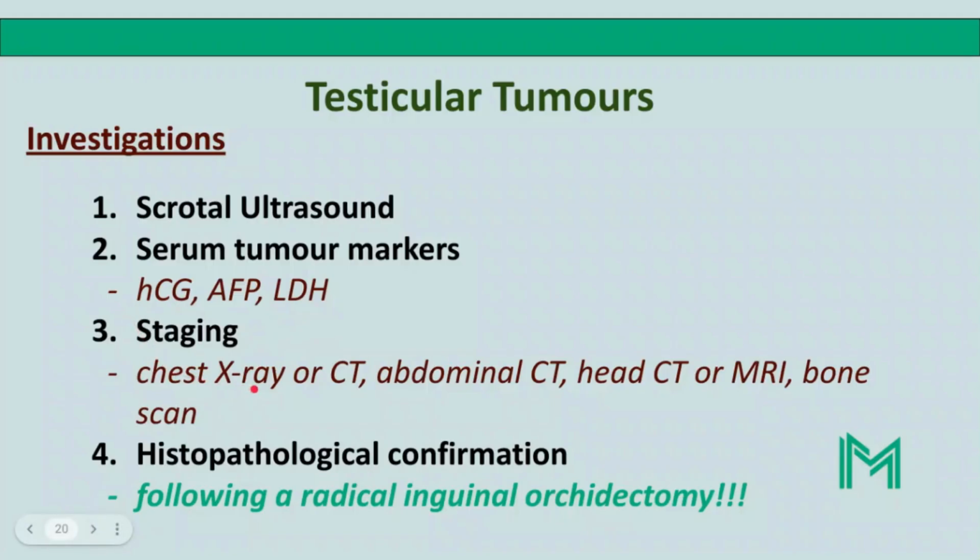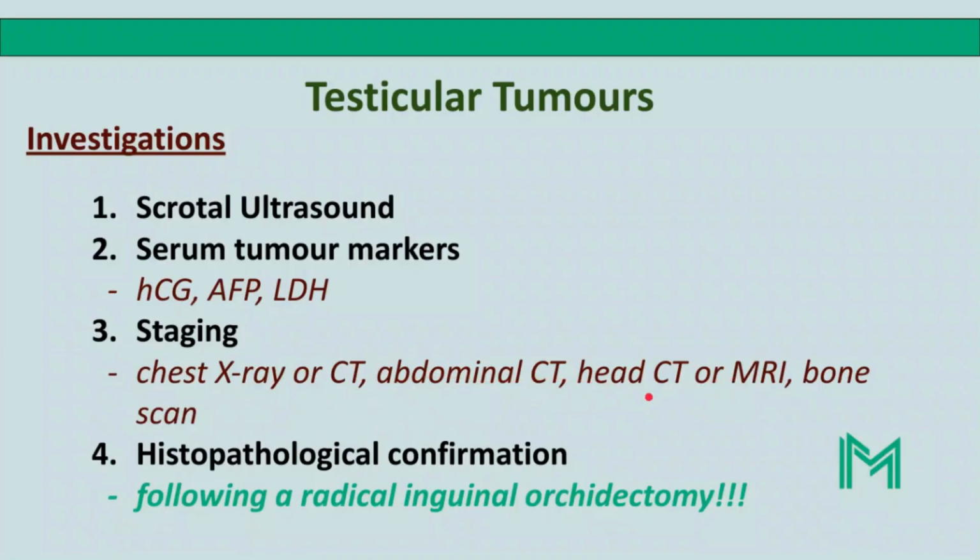So you want to do a chest X-ray or a CT where you will see the cannonball metastasis. You want to do abdominal CT because the testicular tumors are known to metastasize to the retroperitoneum through the lymphatics. So it's important that you do an abdominal CT. You can do a head CT, MRI, and a bone scan.